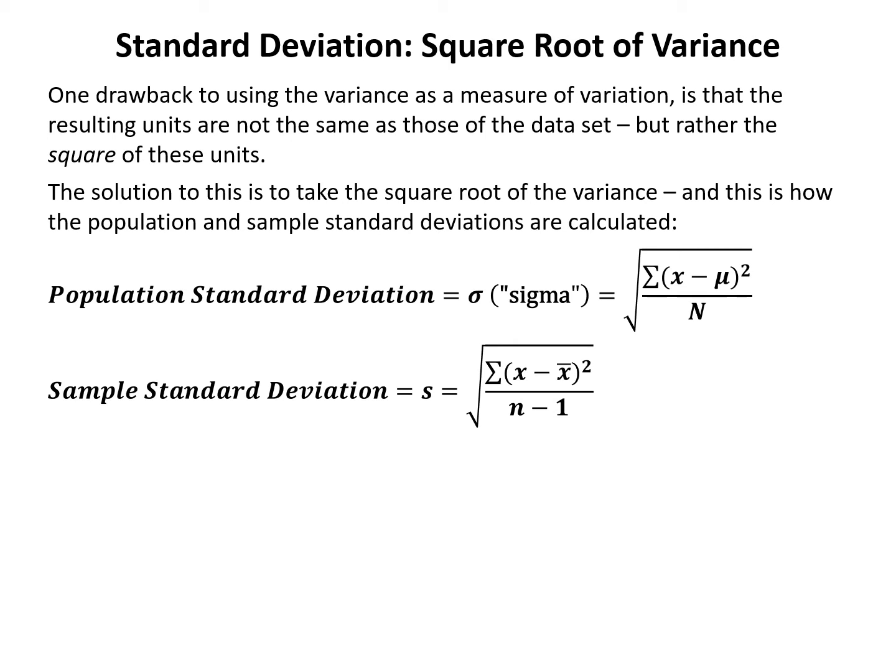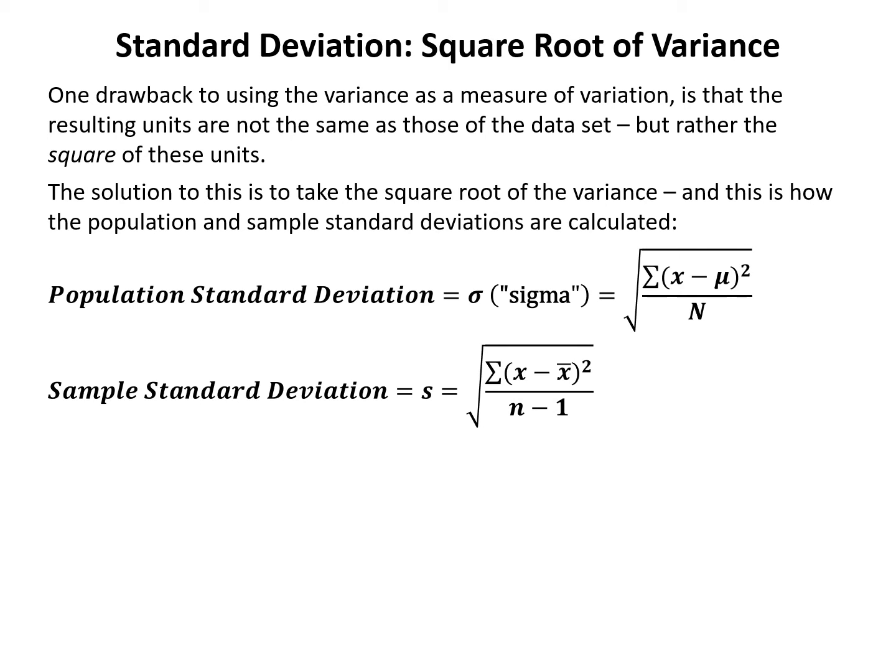Now, you might have noticed in the last two slides that one drawback to using the variance as a measure of variation is that the resulting units are not the same as those of the data set, but rather they're the square of these units.